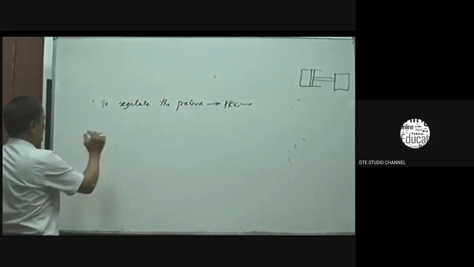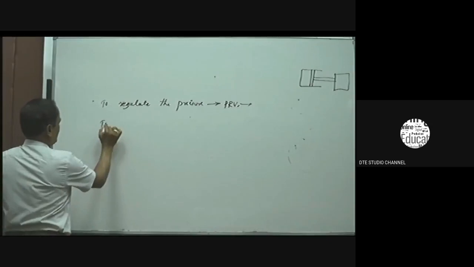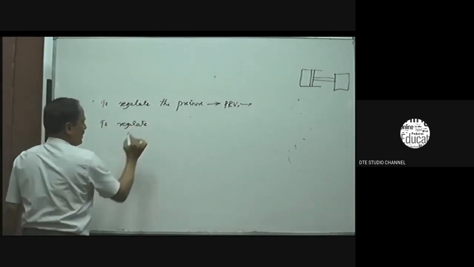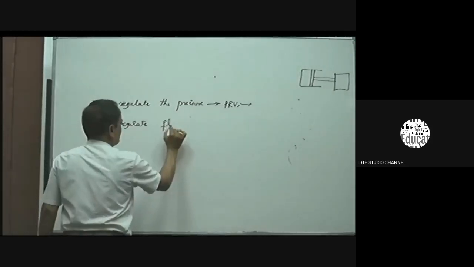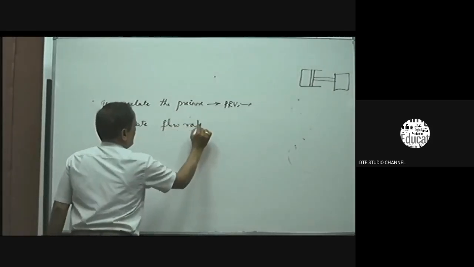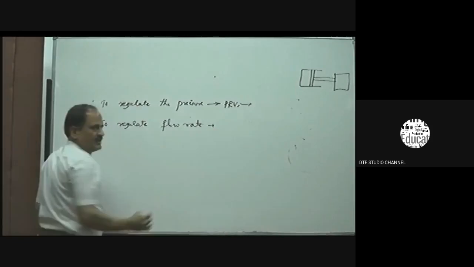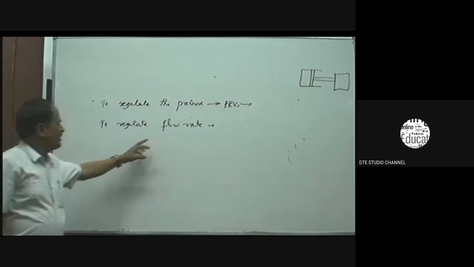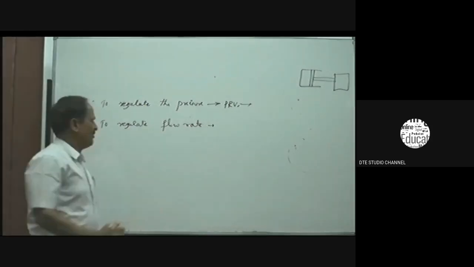Another type of control valve is used to regulate or control flow rate. The quantity of fluid which enters the actuator is a function of the flow control valve.